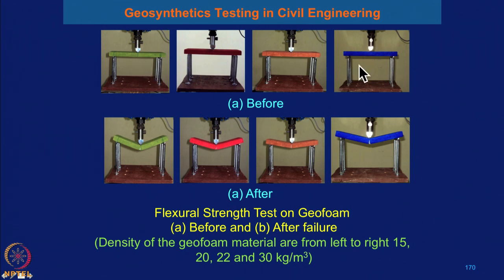And this is before the test, and you can see that after the test this sample failed at the middle. So, when you perform the flexural strain test on the geoform, you can see how the sample failed here. It is the middle of the span. You can see how the sample failed under 22 kg per meter cube EPS density and the 30 kg per meter cube density.